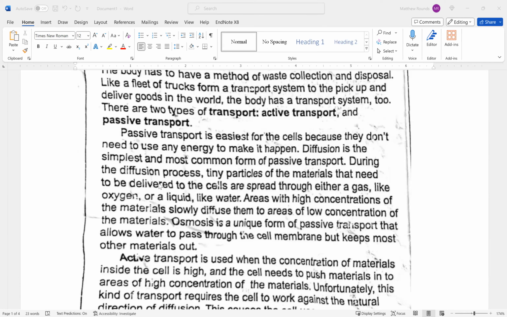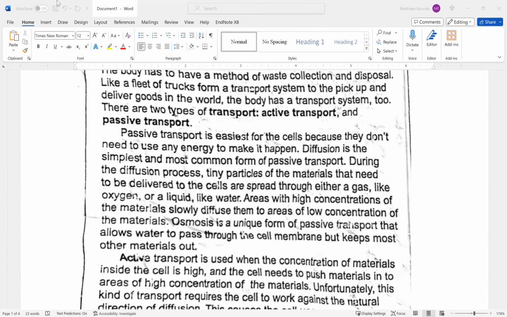Osmosis is, I'd like you to read starting from there. Osmosis is a unique form of passive transport that allows water to pass through the cell membrane but keeps most other materials out.